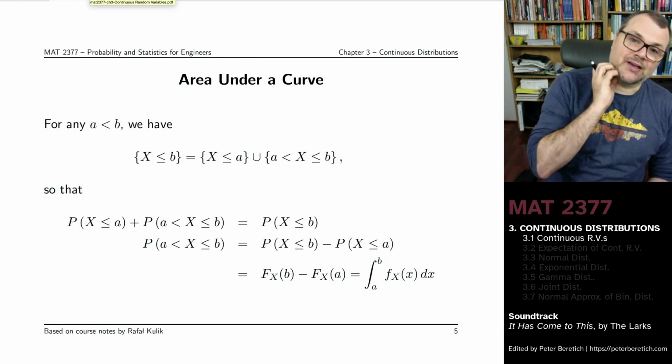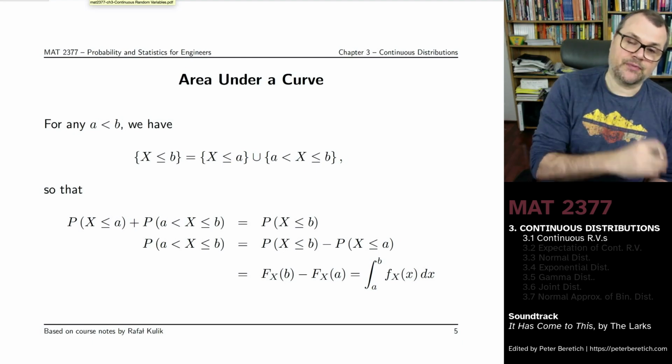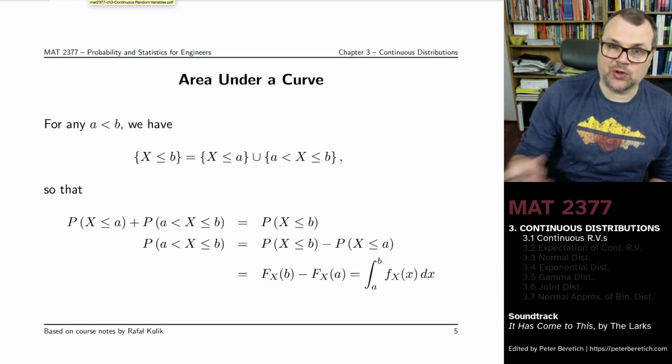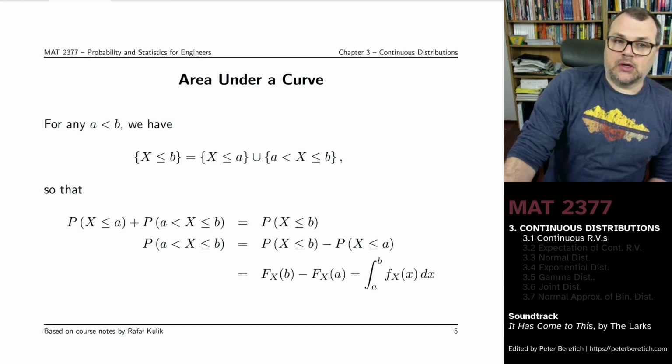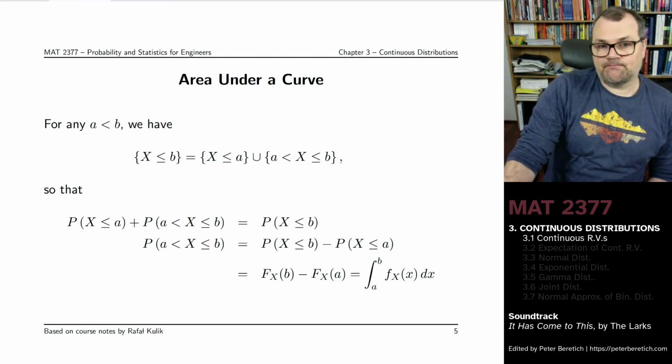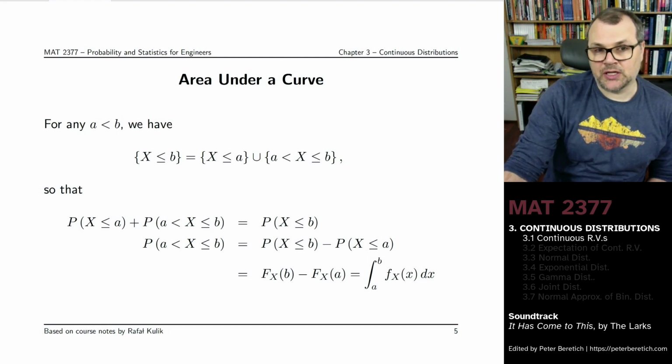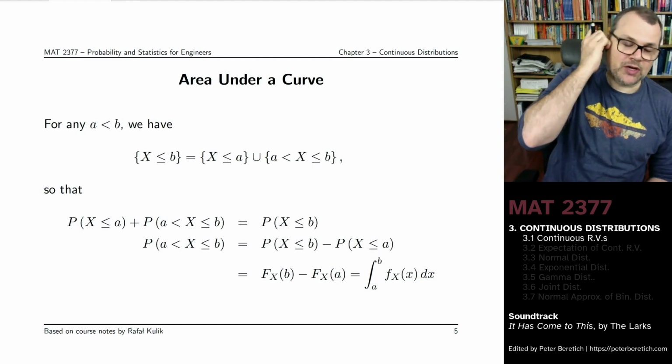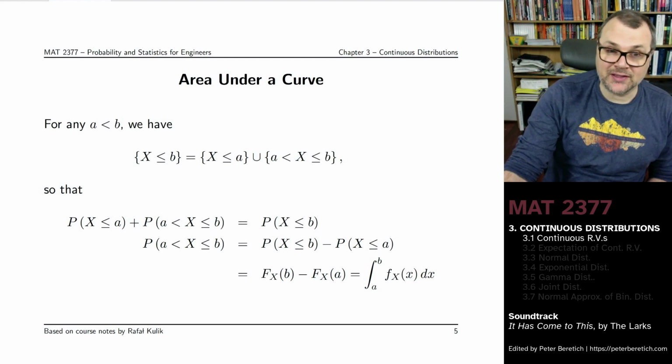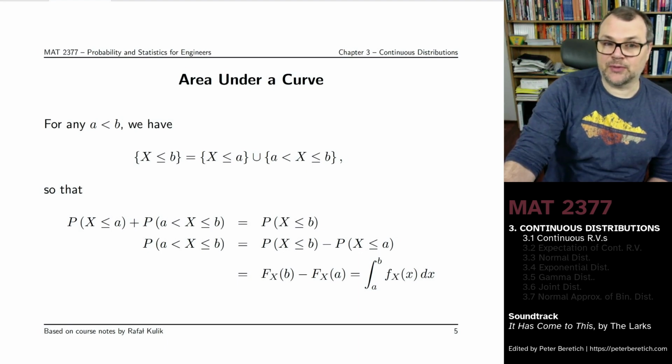Now let's go back to calculus a little bit in terms of area under the curve. We're going to consider events. And the events for us will be defined with the help of two real numbers, a and b. So we could be looking at the event that the random variable x takes on outcomes smaller than or equal to b.